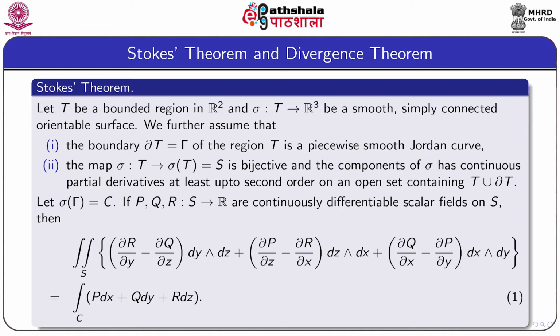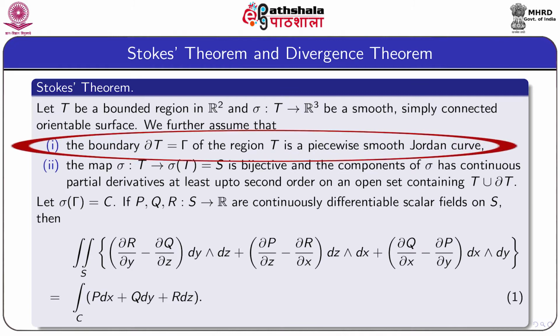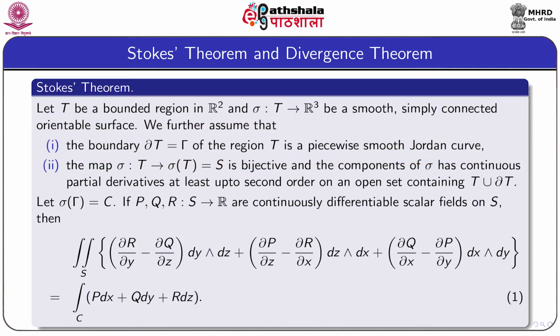Stokes theorem. Let T be a bounded region in R2 and sigma from T to R3 be a smooth, simply connected orientable surface. We further assume that first, the boundary del T, which we denote by gamma, of the region T is a piecewise smooth Jordan curve.